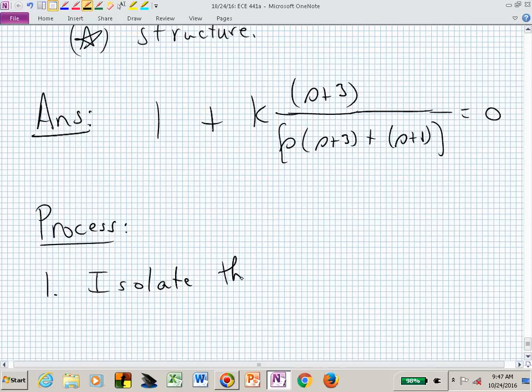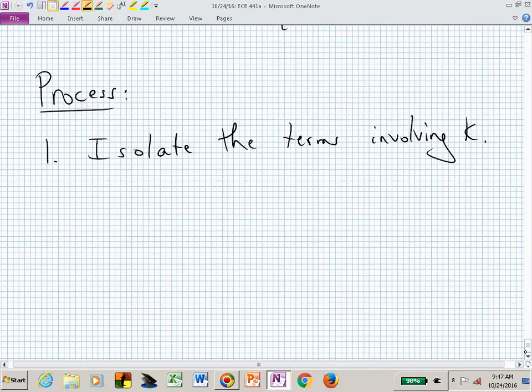First, we want to isolate the terms that contain a K, or involving K. In our case, we started with (s plus K) times (s plus 3) plus s plus 1.